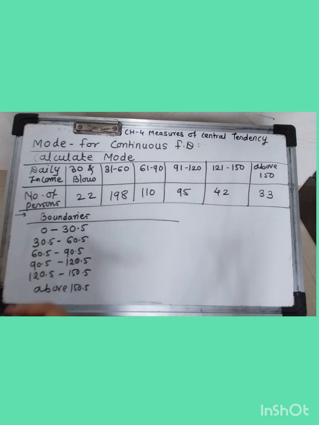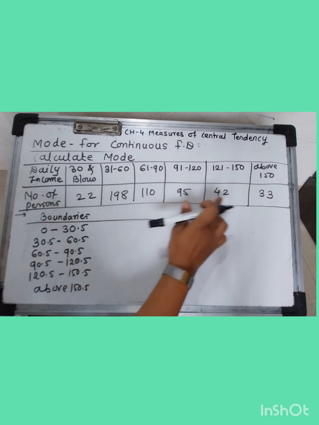Now what is the second step? The second step is to locate the modal class. Modal class means the class with the largest frequency. Which is the largest frequency here?